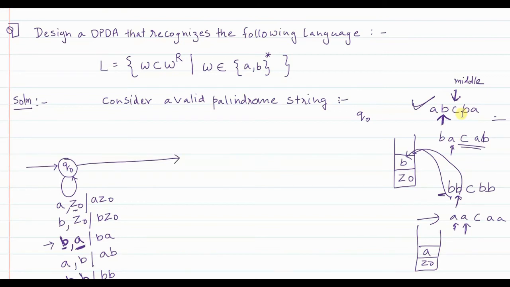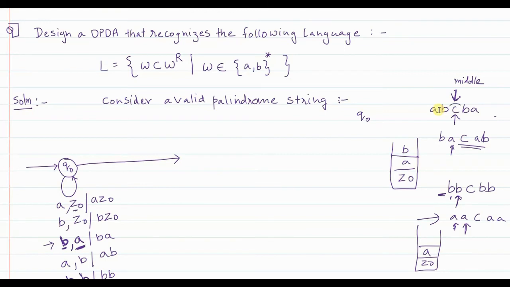Okay, now here also there is some possibility. Just see here, say for this string, assume that in the stack already A and B are inserted. So A and B was inserted already onto the stack, and now we have reached the middle marker character.